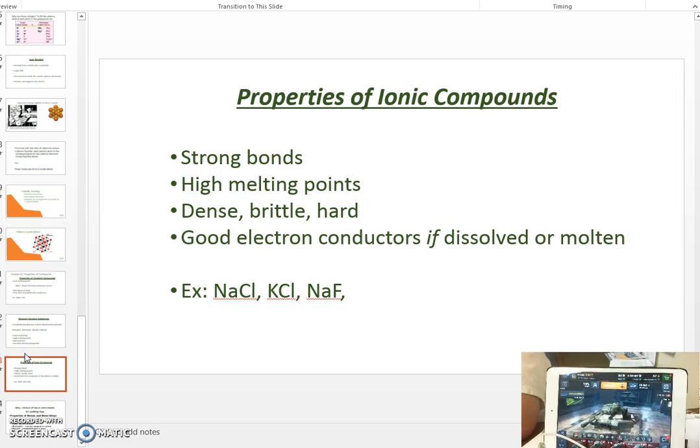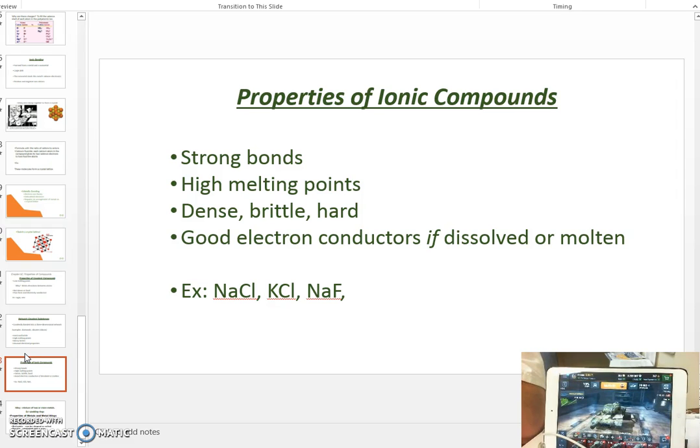Now, going back into ionic compounds for a moment, because remember, in ionic compounds, one atom loses an electron, the other atom will take it, so you have that positive-negative connection there. Strong bonds, they have a high melting point, they're dense, they're brittle, meaning it's hard, but when it breaks, it breaks, and you can't scratch it that easily.